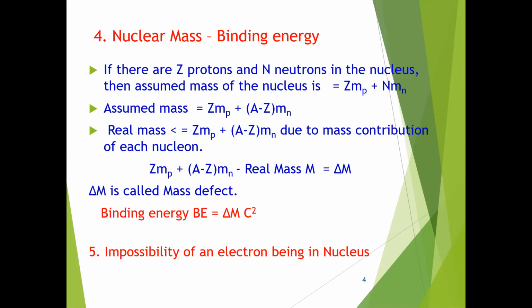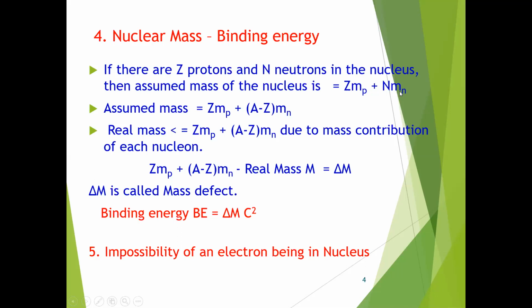Nuclear mass. Just as we discussed, the nucleus consists of nucleons, which are protons and neutrons. Z is the proton number, N is the neutron number and A is the mass number. So the nucleus consists of Z protons and N neutrons. Therefore, if Mp is the mass of the proton, the total mass of the protons is Zmp.